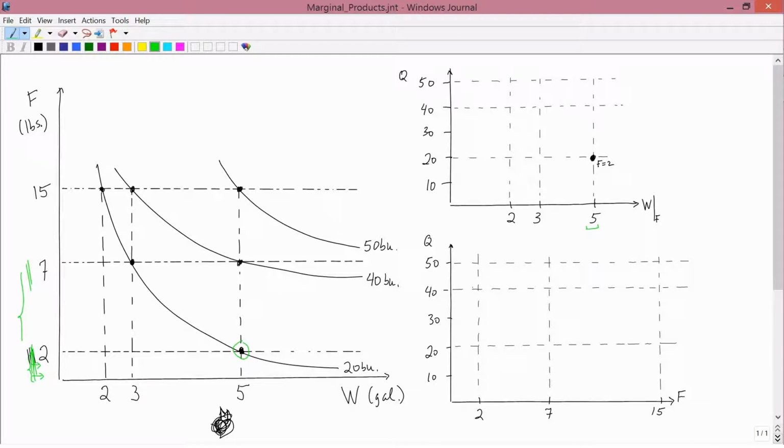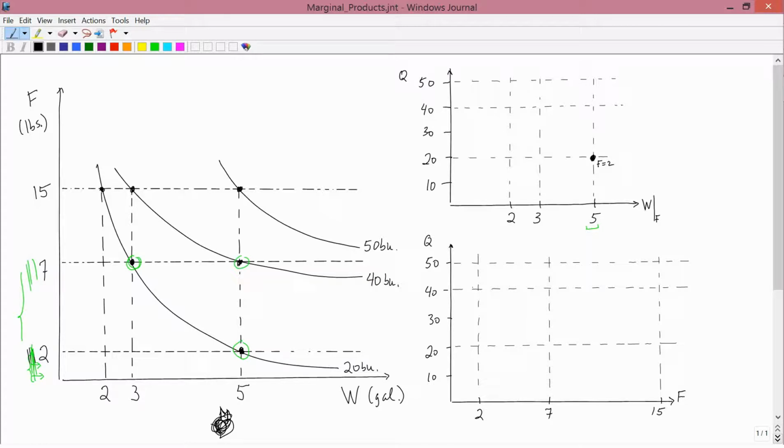And now we have 2 observation points. Okay, so when fertilizer is fixed at 7 pounds, first observation point says if water is 3 gallons, you can produce 20 bushels. Right, that's this point here. 3 gallons and 20 bushels.